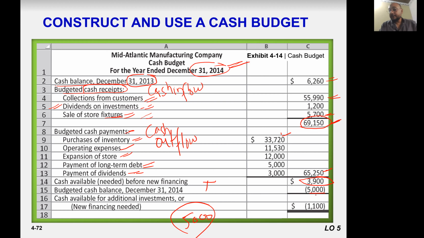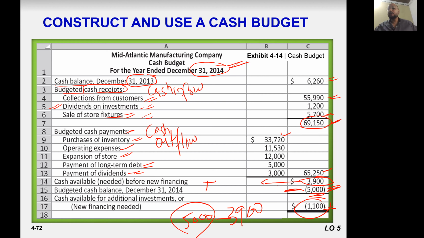We must have 5,000. So it means during these activities, how much are we going to have? 3,900. And how much do we need to apply for as a loan? $1,100.